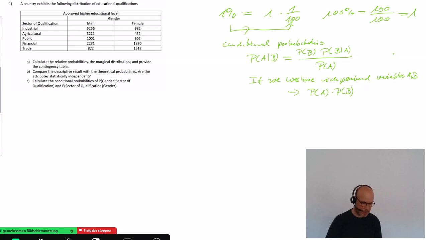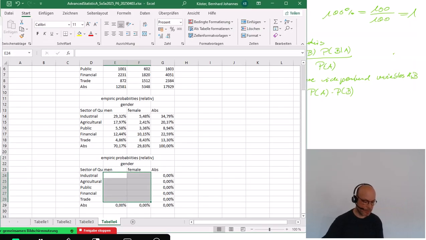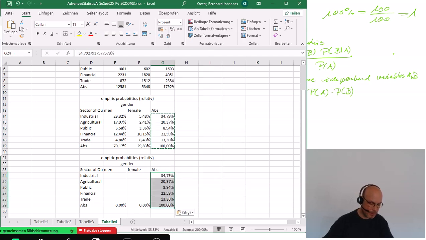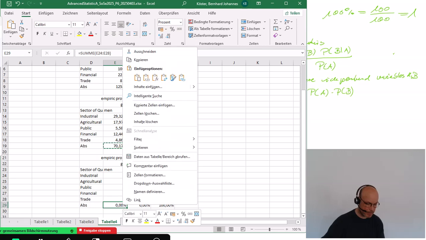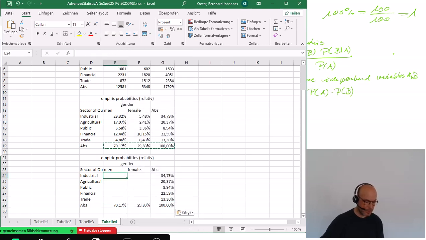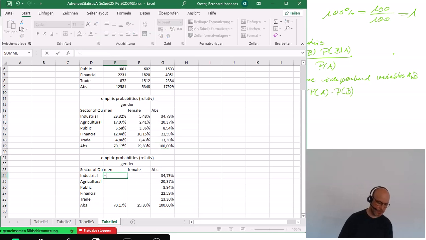And for this, we have to then multiply the cumulated probabilities in order to get the individuals. So this would be then the cumulated probability to have an industrial qualification.